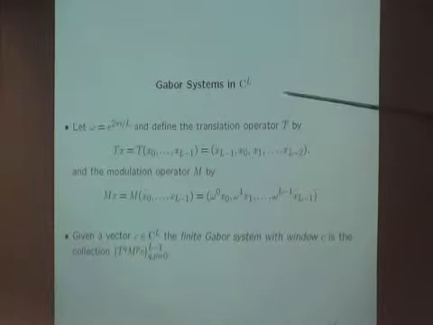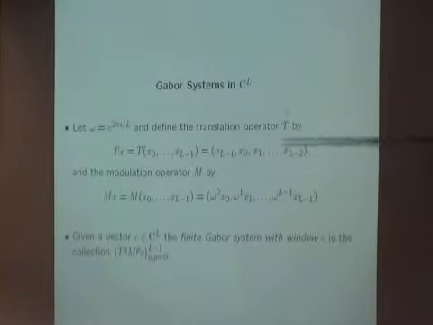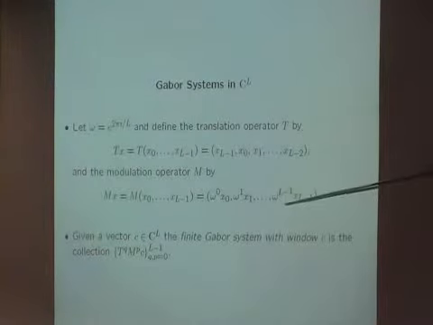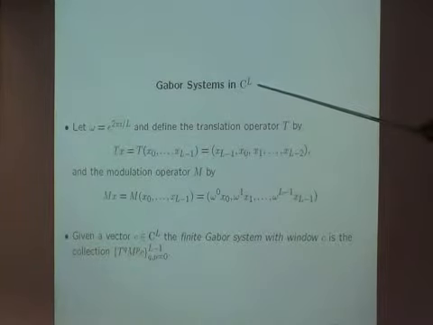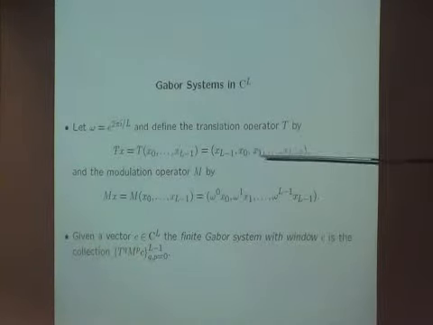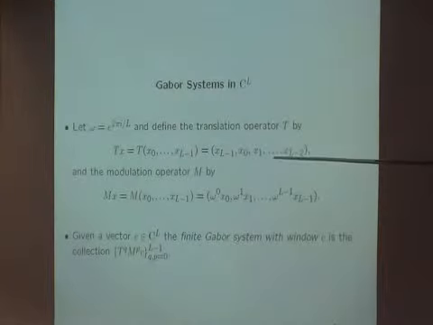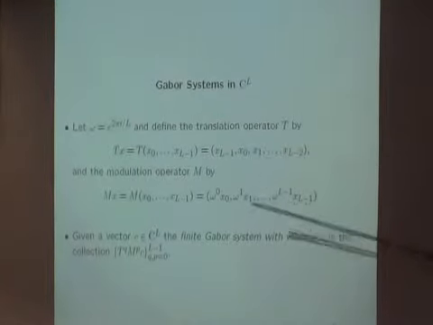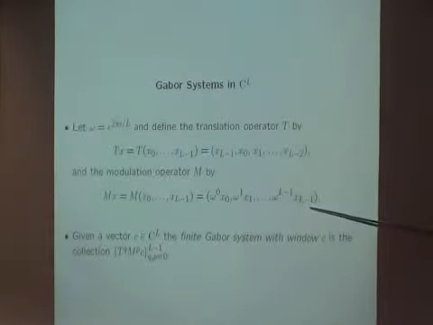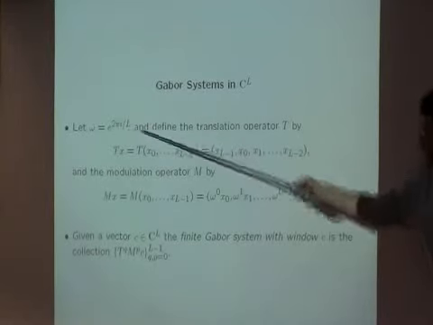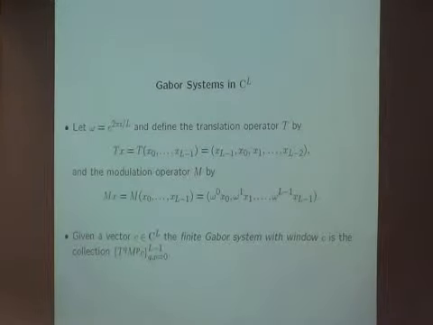But in order to see why it works, we'll take a short digression, one slide digression into Gabor analysis. So Gabor systems in finite-dimensional space, we can define for vectors in C^L a translation operator that does a sort of circular translation, and a modulation operator, which we just multiply the vector by powers of omega.